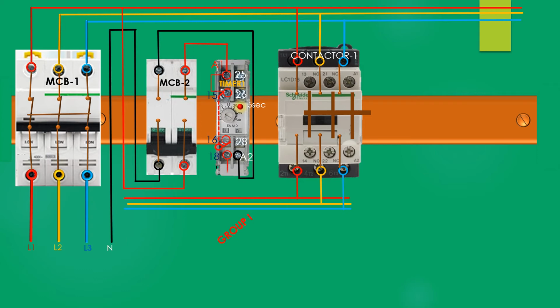Now R phase and neutral lines are connected from the timer's contact 18 and A2 to the contactor's A1 and A2 terminals respectively. R phase voltage is now thrown by the timer relay to contact number 18 and then to A1 of contactor 1.